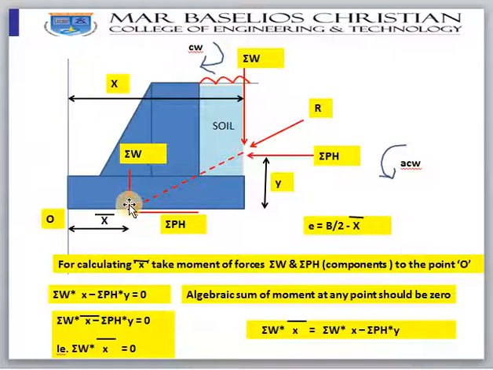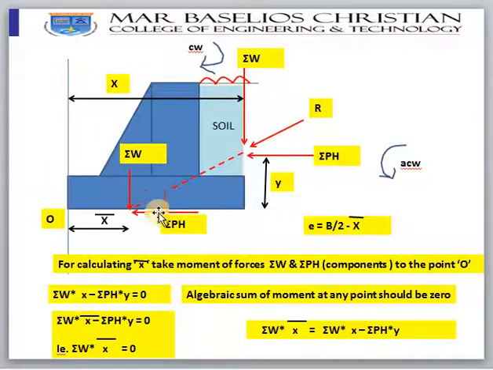Now let us take the resultant forces sigma W and sigma pH and take moments about point O. Sigma W into x bar, where x bar is the distance at which the resultant is acting. Earlier I was taking sigma W into x; now I am considering the loads at the point where the resultant meets.